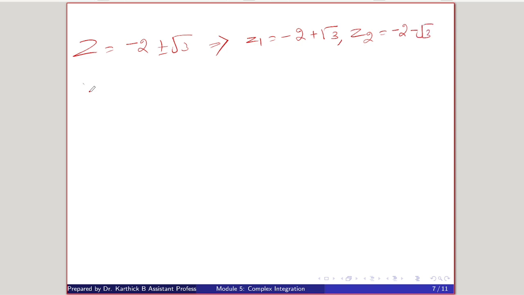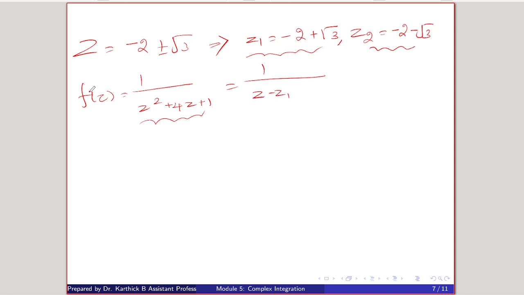Our function f of z is 1 by z square plus 4z plus 1. Now this is factorized into two, so it can be written as z minus z1, z minus z2.